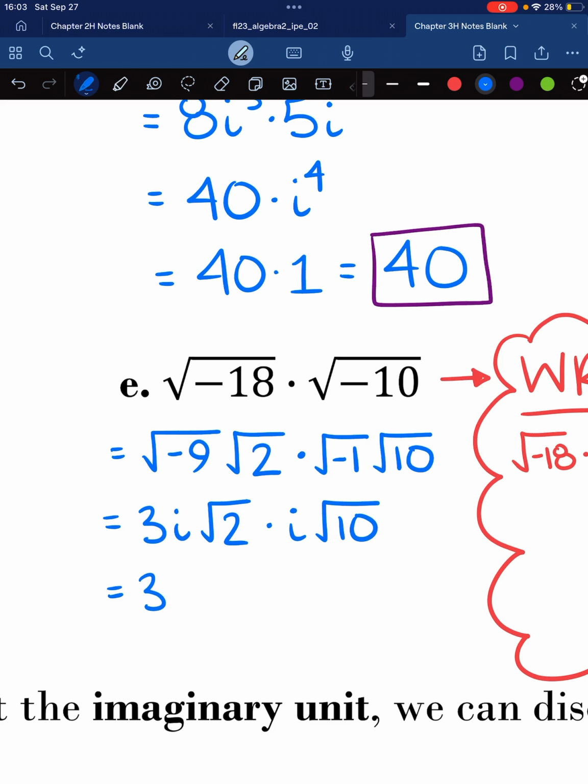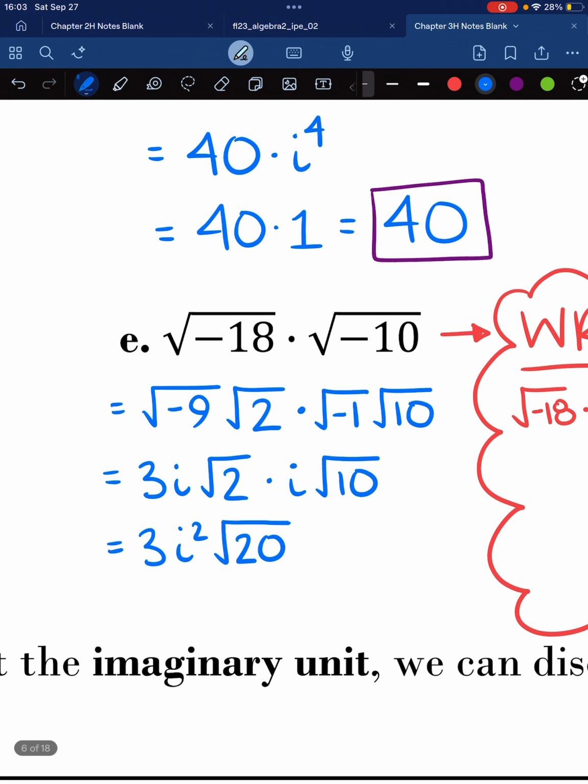which, using some commutative and associative properties, I end up with 3i squared times the square root. Remember, I can multiply the arguments of square roots, so square root of 20, which we need to be careful because I can actually split up the square root of 20, right?